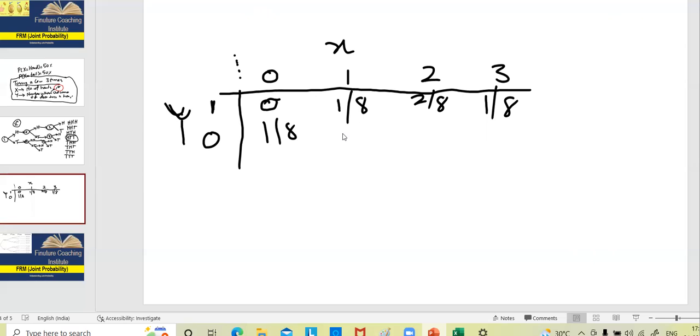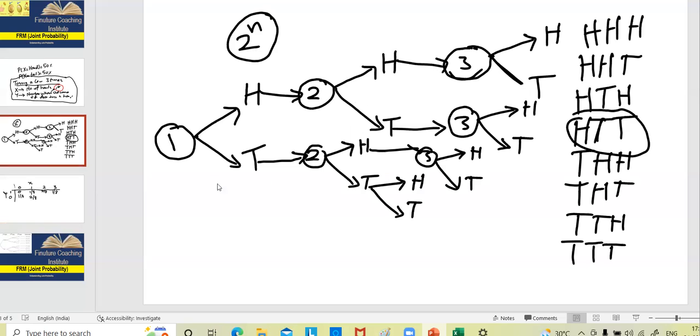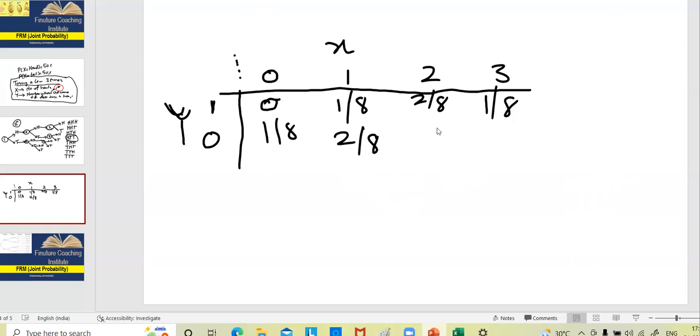So the probability of this is 2 over 8. Similarly, now we have to look that there should be no head in the first outcome, and in total there are two heads in the final outcomes. So two heads in the final outcome and no head in the first outcome. So it should be 2 over 8.